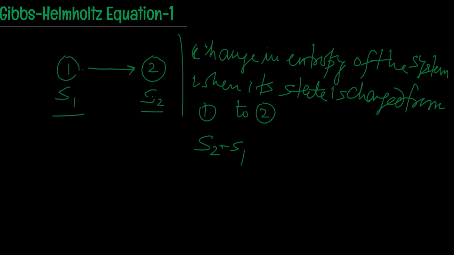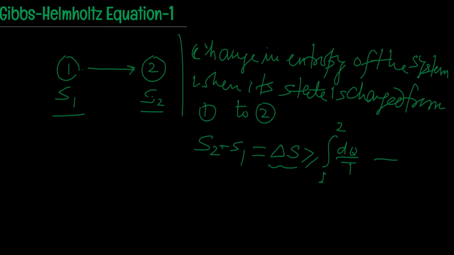Let us denote this change S2 minus S1 by the symbol delta S. In accordance with the Clausius inequality, this delta S is greater than or equal to the integral of dq over T from state 1 to 2.